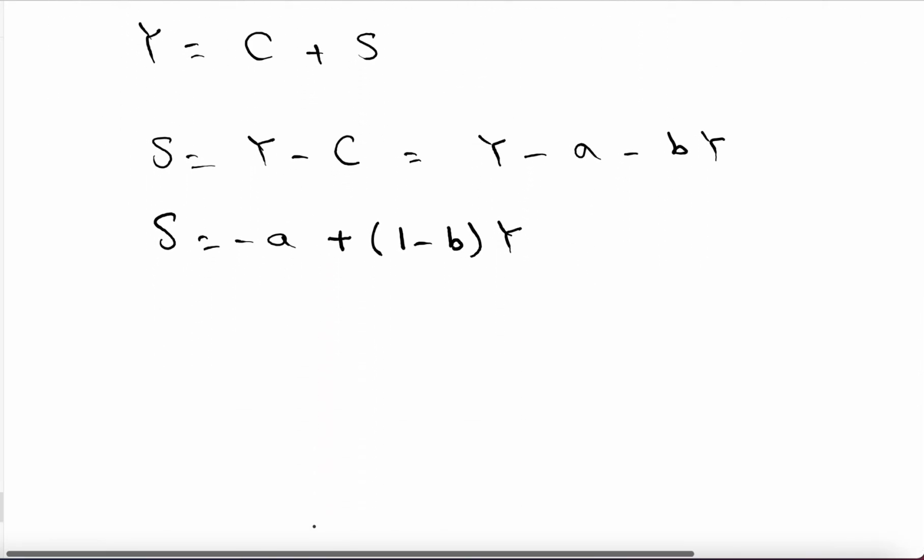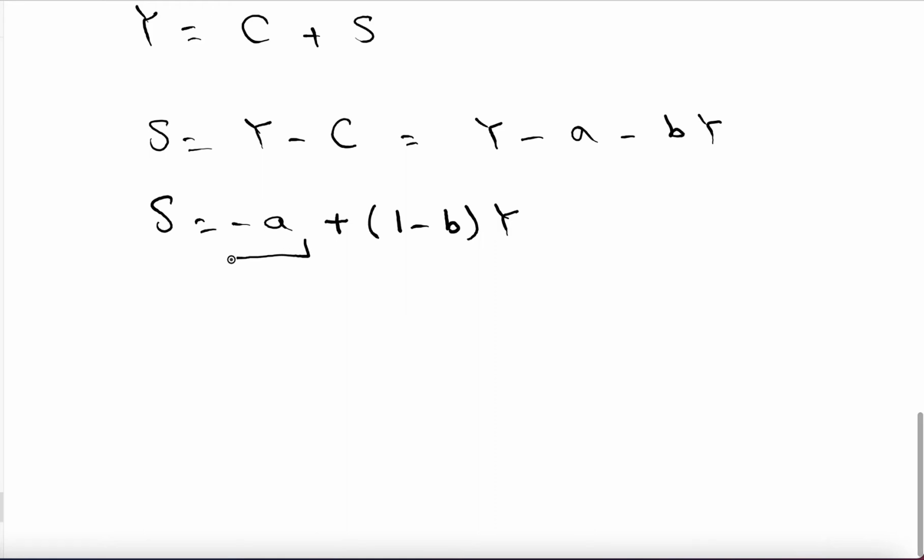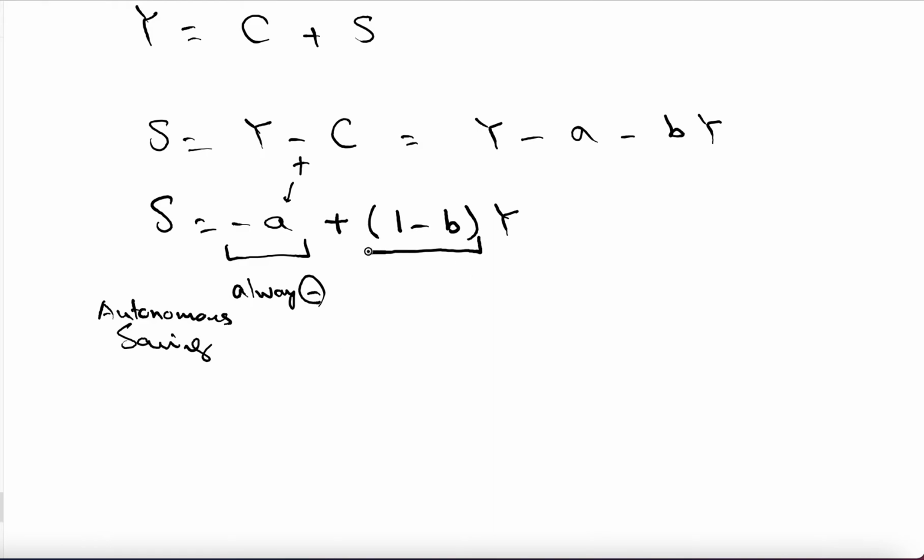This is interesting because A is always positive, so the y-intercept of S is always negative. This part is called autonomous saving, and autonomous saving is always negative. The slope of this function, delta S over delta Y, is also bigger than 0 and smaller than 1.